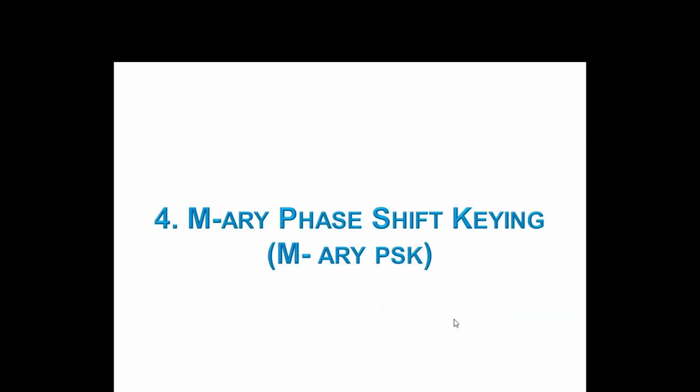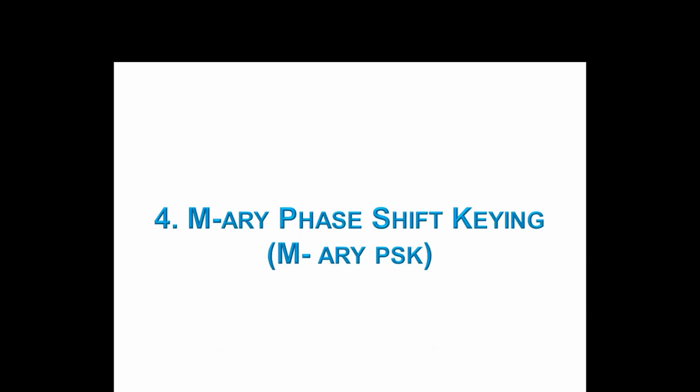Next, M-ary phase shift keying. So we have seen binary phase shift keying and quadrature phase shift keying so far. Binary phase shift keying means we transmit two different inputs.